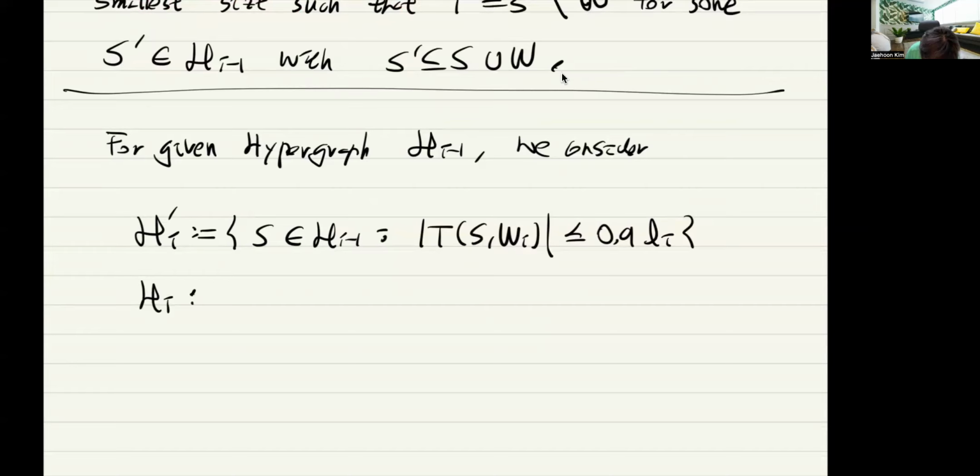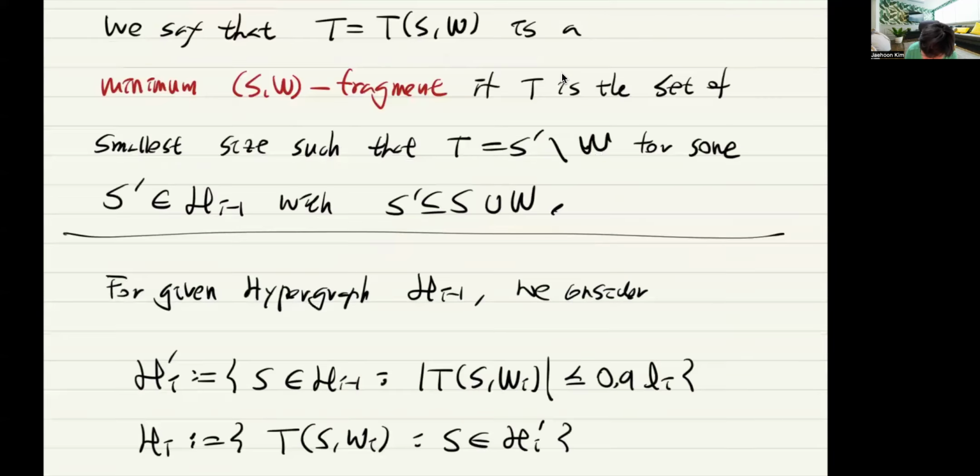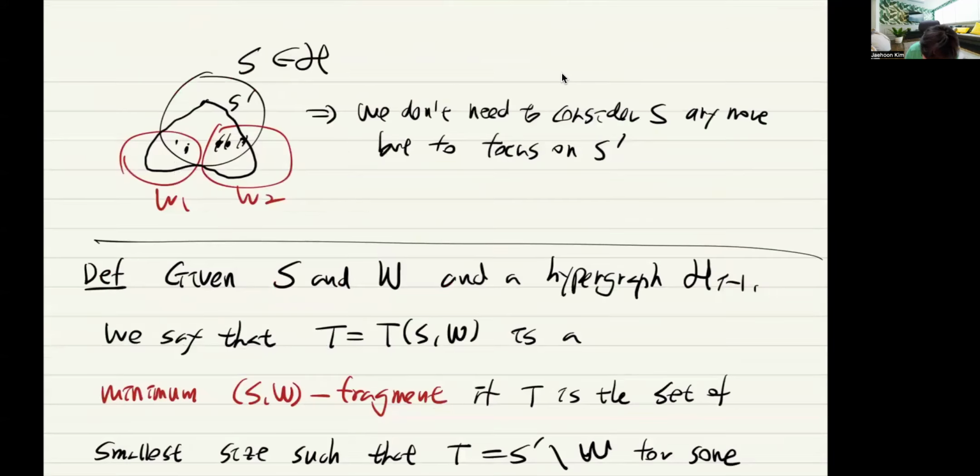And H_i is the ones where you only consider the fragment. What I mean is that, as I mentioned, we only need to consider this S prime, and this part is already covered. In your new graph, you might treat this as your edge.